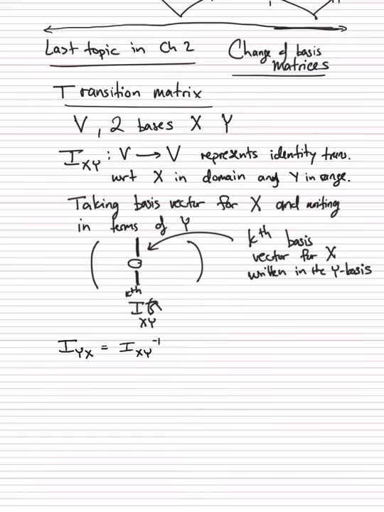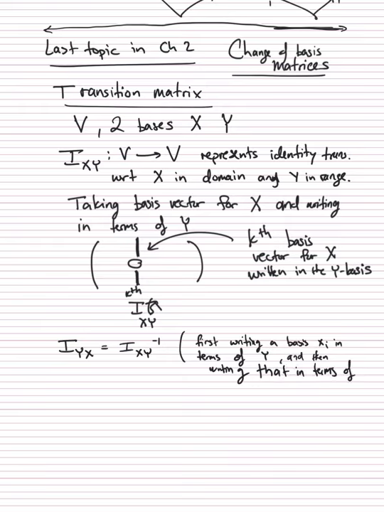So what we're doing here is we're first writing a basis element Xi in terms of Y, and then writing that in terms of X. But you know exactly what that is, right?